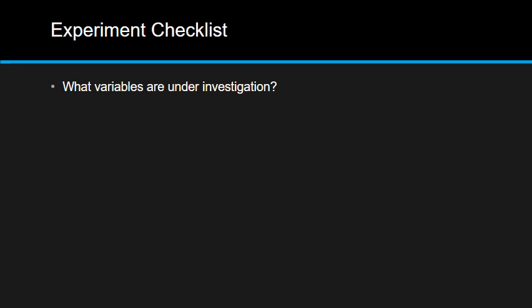So the first question you need to figure out is what variables are under investigation. Remember, we just talked about that, your X and your Y. You're trying to figure out which two constructs you want to study. Communication apprehension would be a construct in the world, and it can be a variable. Anxiety can be a construct or a variable, right? It's a thing in the world that we're aware of.